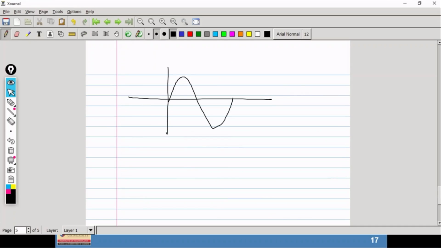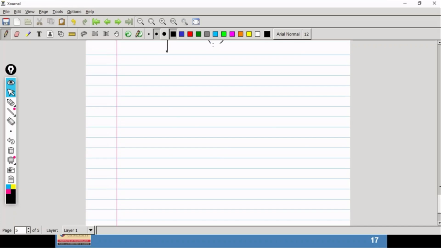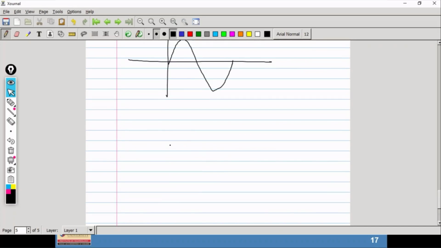Fine. So with the help of different electrical equipment, we can generate various waveforms like a square waveform. So this is a square waveform. Fine. So 0, pi and 2 pi here.